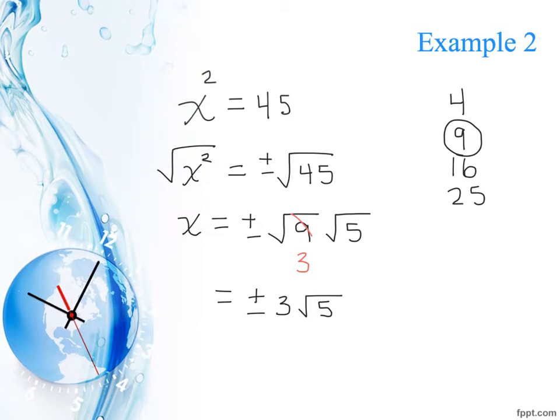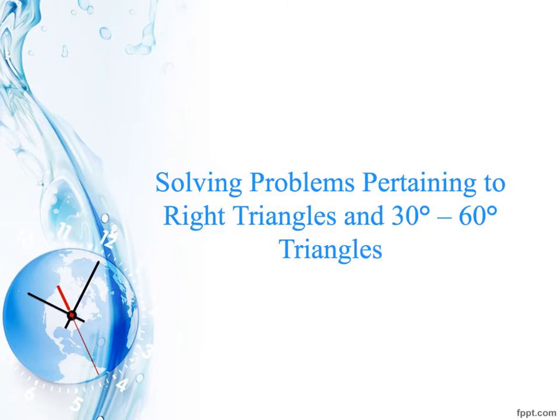Okay, so hopefully so far you're not finding what we are covering here in lesson 6.2 to be too complicated. There is one last part, and this is our last learning target that I mentioned, and that's to do with solving problems that involve right triangles, but also those right triangles that include a 30 and 60 degree angle.